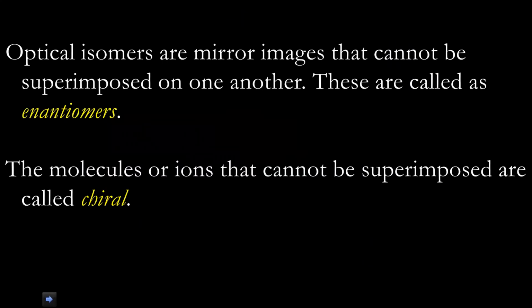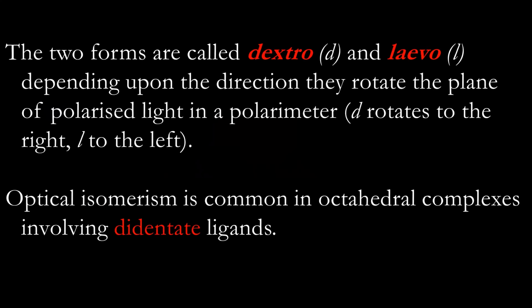For optical isomerism, you already know the concept of chirality: two chiral forms are enantiomers, mirror images. So non-superimposable mirror images. I'm not repeating that, as this is part of organic chemistry we have already done. The two forms are called dextro and levo depending upon the direction they rotate.